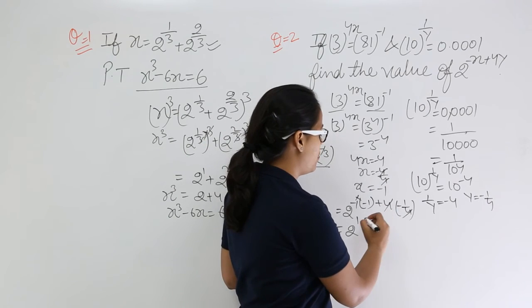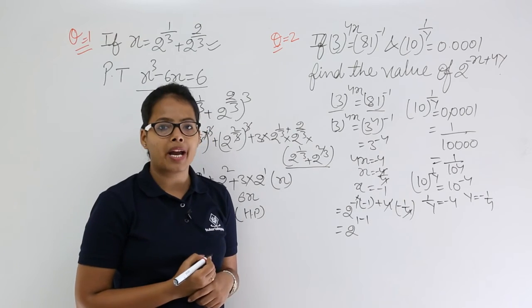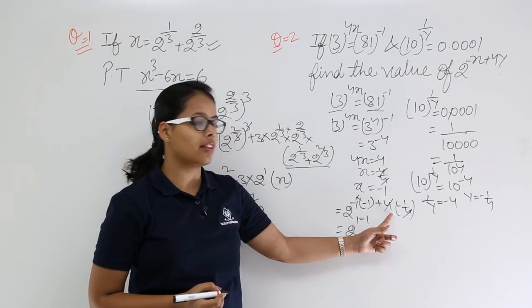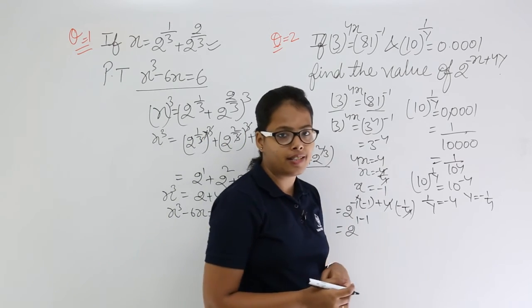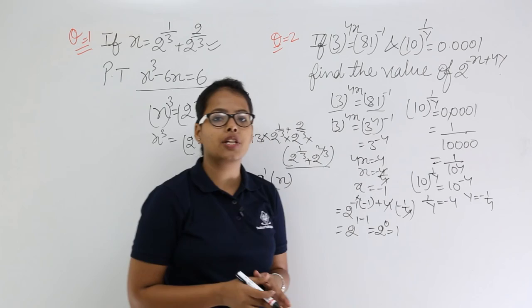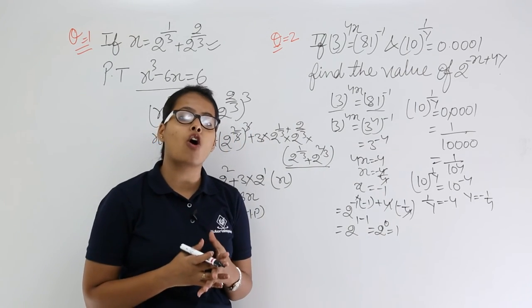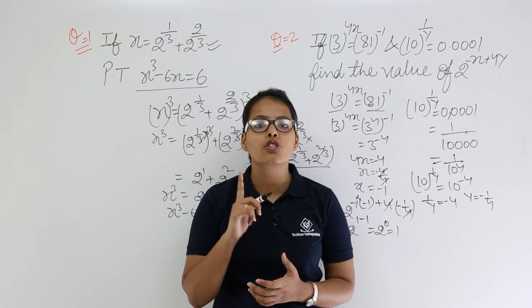And here you are multiplying two different signs, so this will become minus 1. Now 1 minus 1 will be 0. After solving it further, you will get 1, because if the power of any base is 0, then the value is always going to be 1.